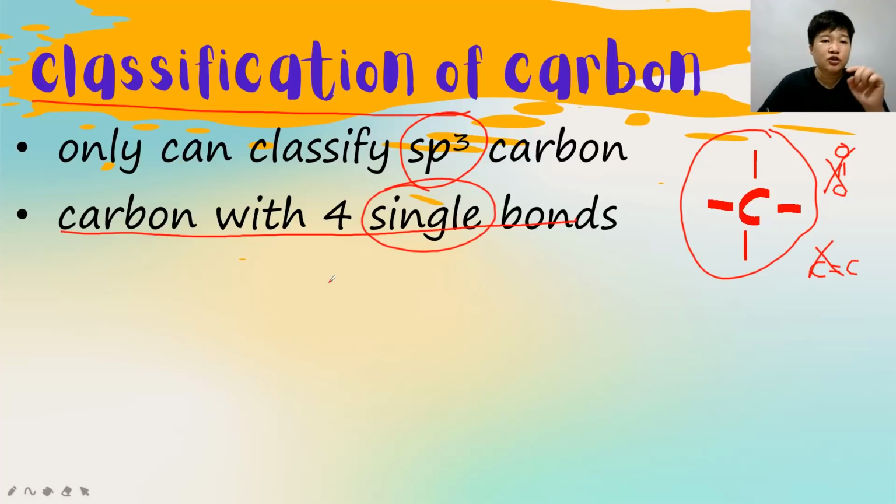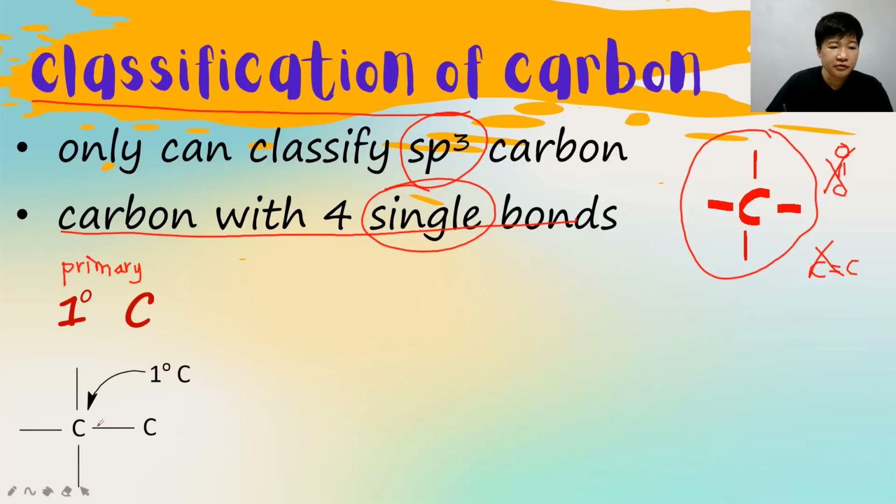Okay? So we have 4 different classes of carbon. The first one is your primary carbon. We call this primary carbon. What is meant by primary carbon? Primary carbon over here means the carbon is bonded to only 1 carbon. That is your primary carbon.